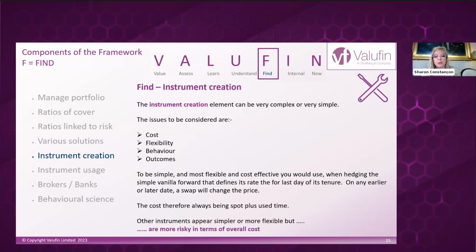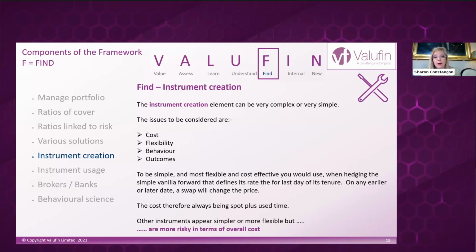So when we look at instrument creation, what are the things we need to look at? We can be very complex or we can be very, very simple. We need to consider the cost of an instrument, its flexibility in its makeup, the way it's going to behave at the beginning, during, and at the end of its life, and what is the overall outcome to the business, liquidity-wise, credit-wise, use of facility-wise, risk, types of things that can go wrong, what is its worst-case scenario, what is its best-case scenario.